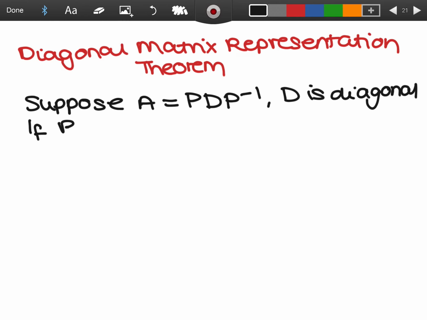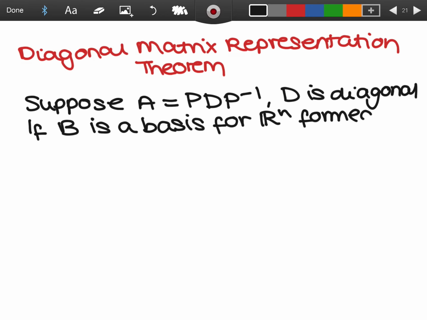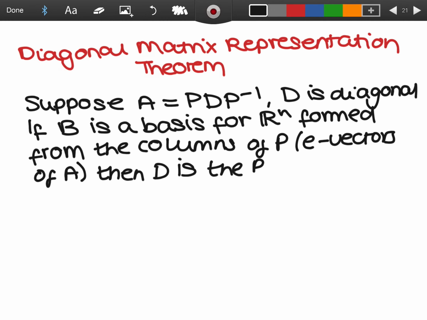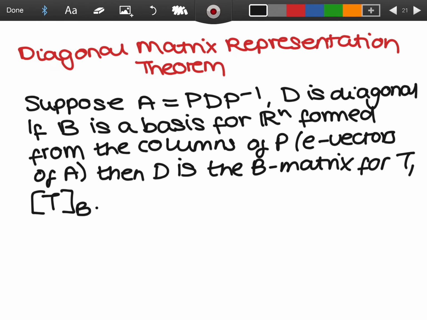Now, if B is a basis for Rn, formed from the columns of P, which are the eigenvectors of A, then D is the B matrix for the transformation. So it's just T with respect to B.